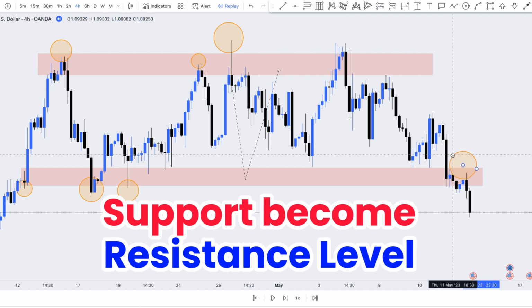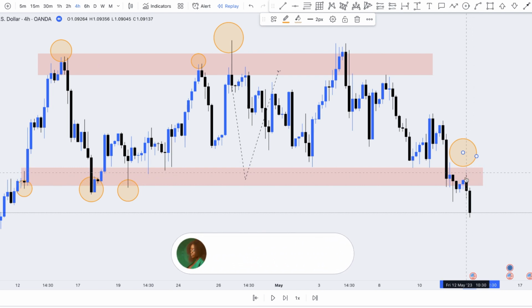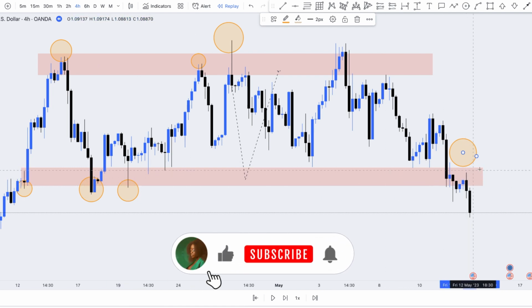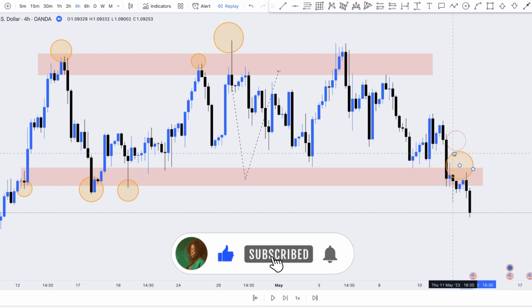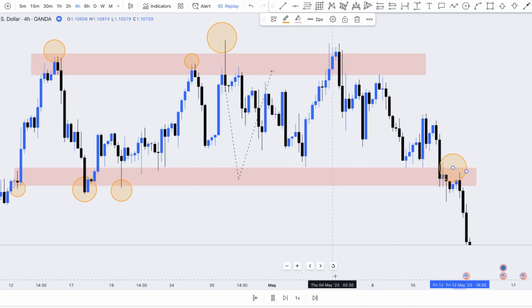So you should take note of that. Support levels can become resistance levels, and resistance levels can become support levels. So when you look here, this is our support that has become resistance. Now this is because price has broken the support level, came back on retest on the resistance level, and immediately that happened, look at the movement of price here.